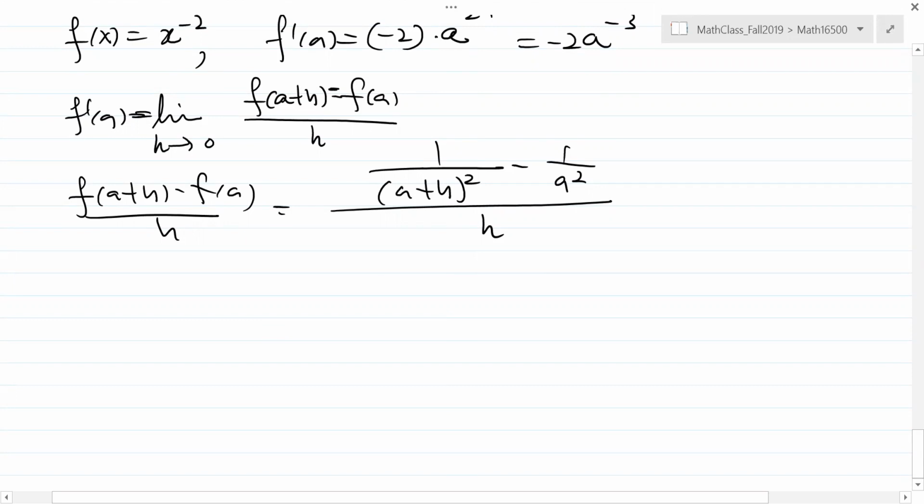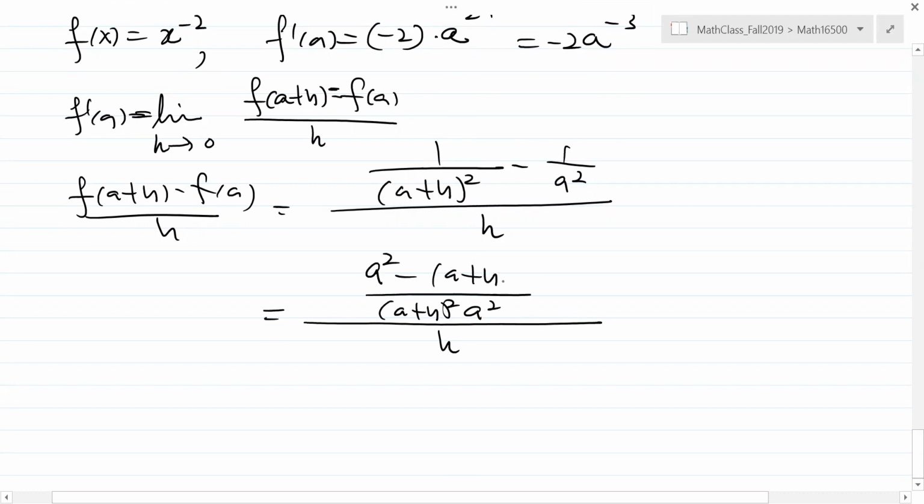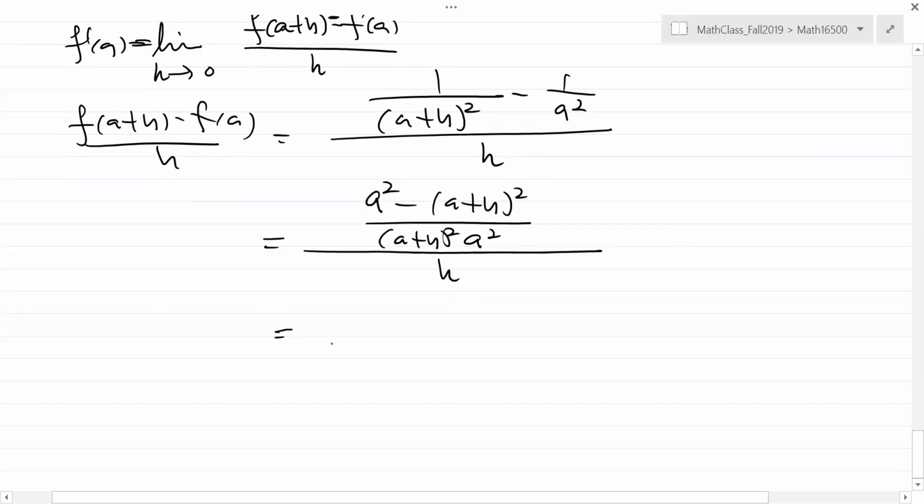Okay, let's do it. Here's h. And this will be a squared minus (a plus h) squared, okay? Combine two terms in the numerator. Then I can put aside 1 over h, right?